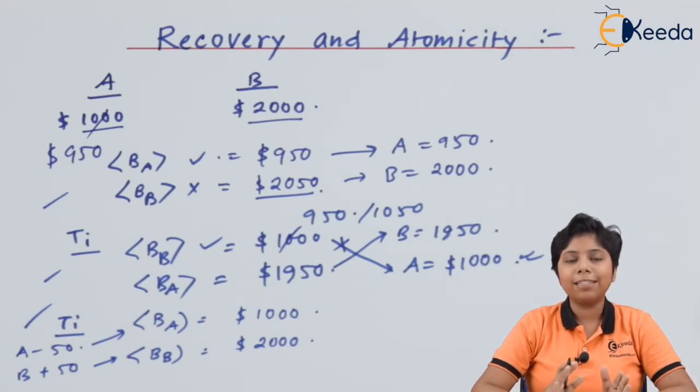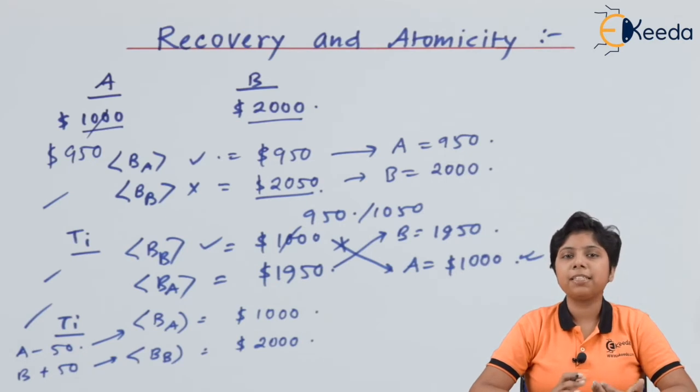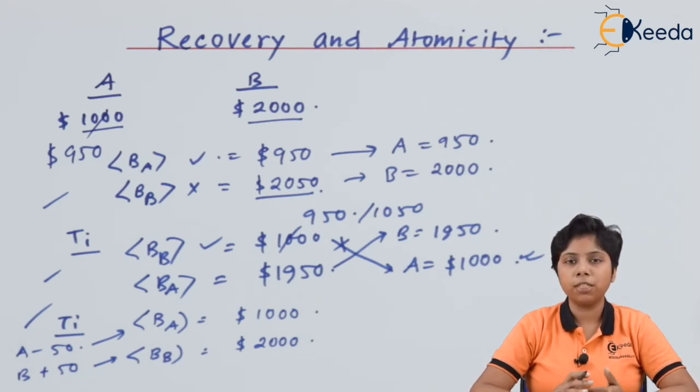We cannot let the transaction commit until all of its operations have been made to the stable storage output. And before making the stable storage output, we first need to write the log records for the modifications we are going to make in this database.